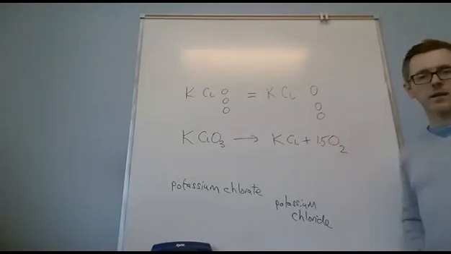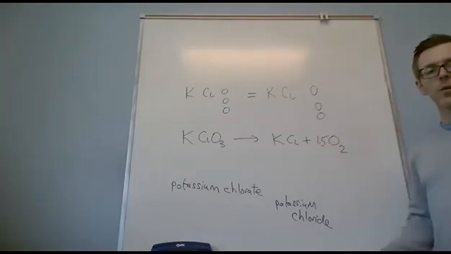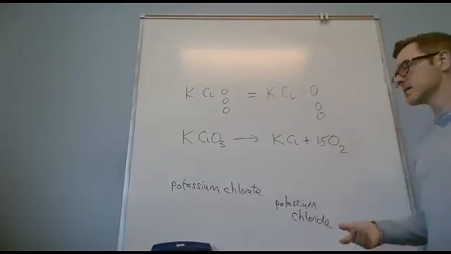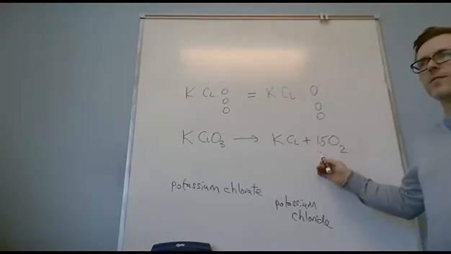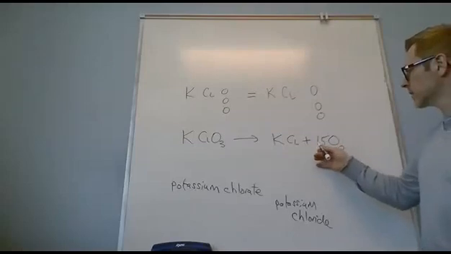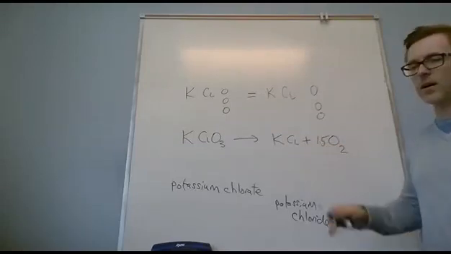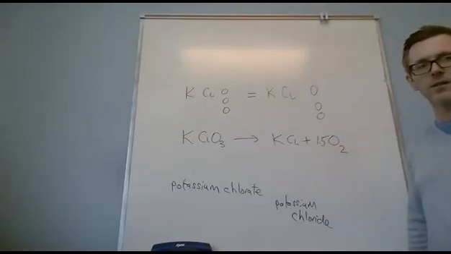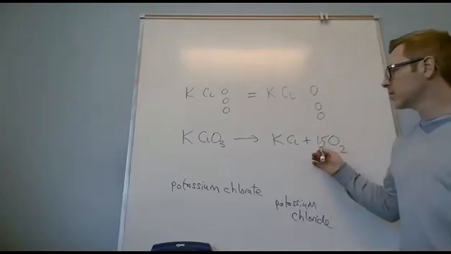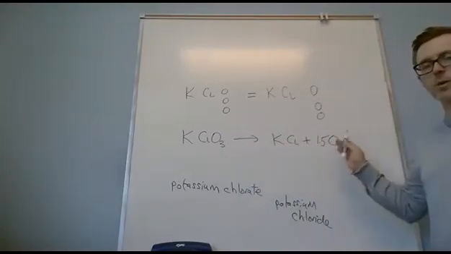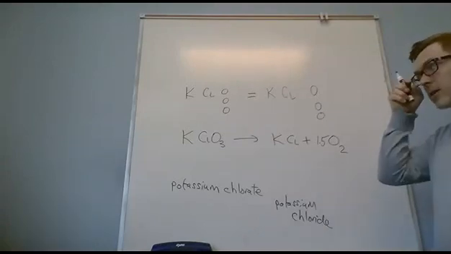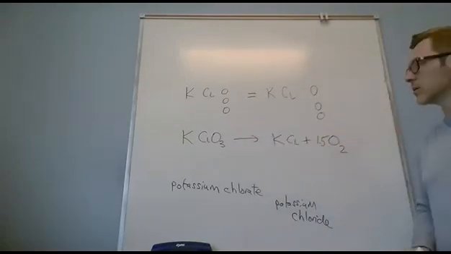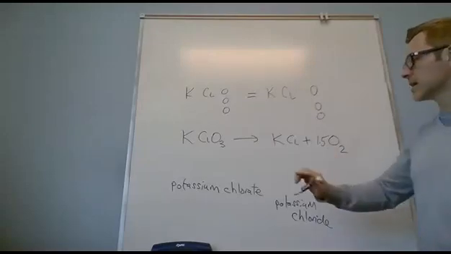Problem is, it looks ugly. So although it's right, I've obeyed the conservation of mass law, it's stylistically ugly to have a decimal in your final value. So when we get something like this, we multiply through to get rid of the decimal. If I multiply everything, both sides of the arrow, by 2, I can get rid of that decimal.